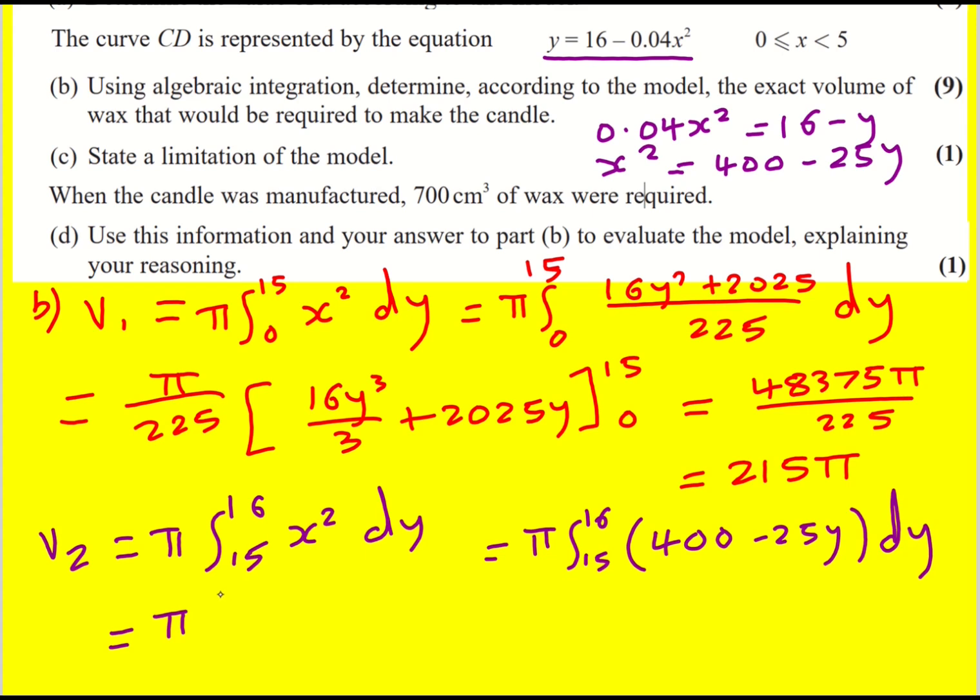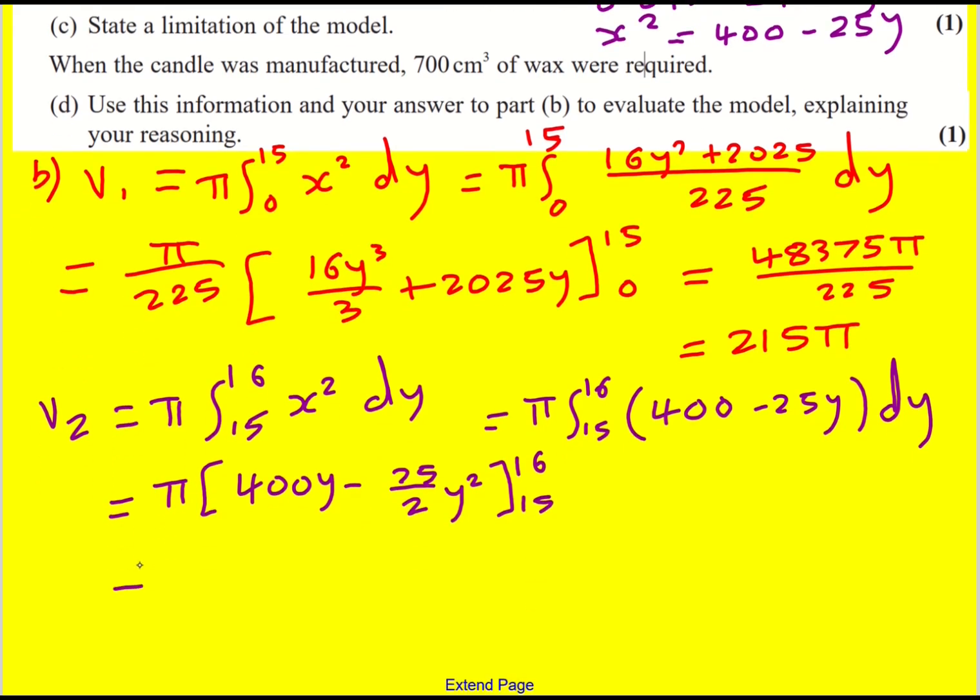So pi times 400y minus 25 over 2 y squared, evaluated between 16 and 15. Okay, two limits to consider this time.